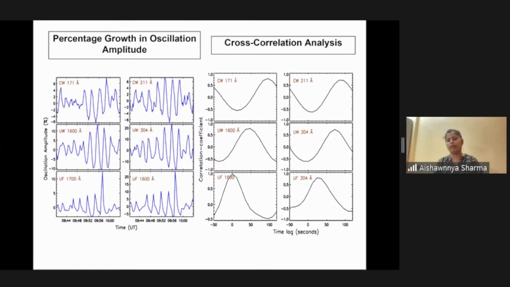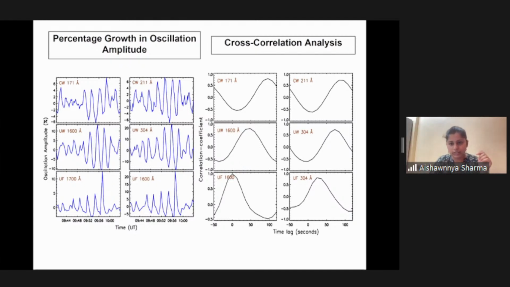For that, we have taken AIA 1700 angstrom, a photospheric channel, as the base, and I have correlated the other channels, the other waves, with respect to AIA 1700 angstrom. And these are the results we get. The bottom panels are for umbral flash, AIA 1600 and 304. The middle panels are for umbral waves, and the upper panels are for coronal waves.